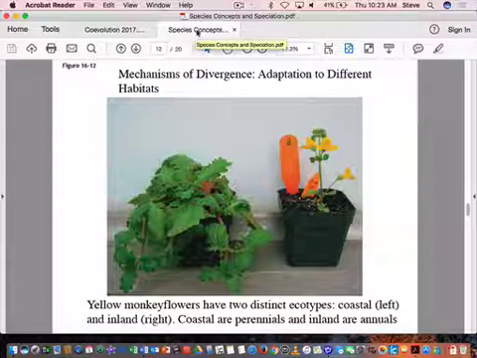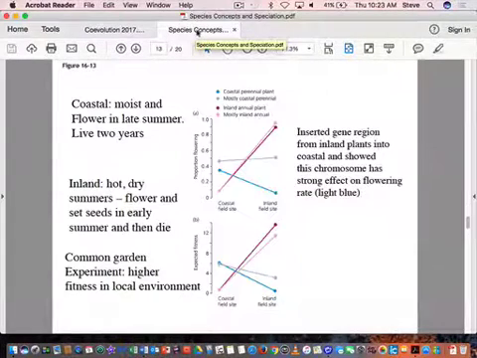So how would you test whether these are, in fact, well adapted to the particular environments in which you find them? Here's how we characterize it. The ones that live along the coast tend to live in moister environments with more precipitation. It's a foggier environment, with a lot more rain through the year, and they flower in late summer.